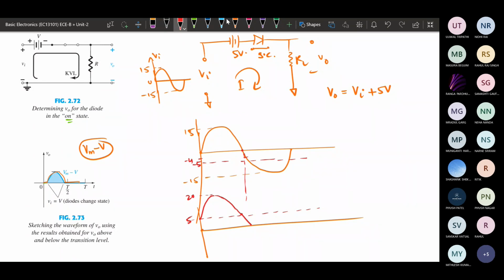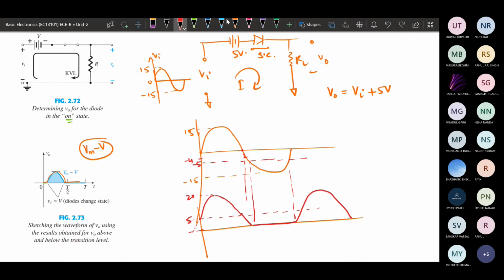So from here up to here we will be getting 0, but after that again we will be having this. If we extend this waveform below here, it will be having some positive value, and this is how the waveform will appear.